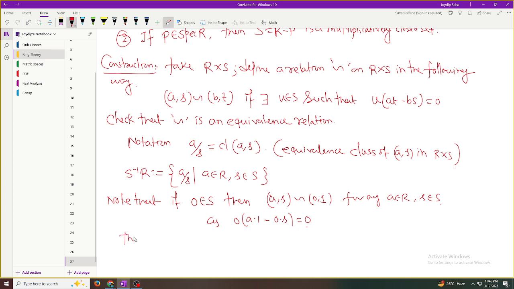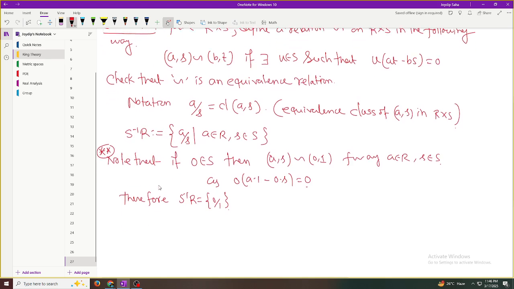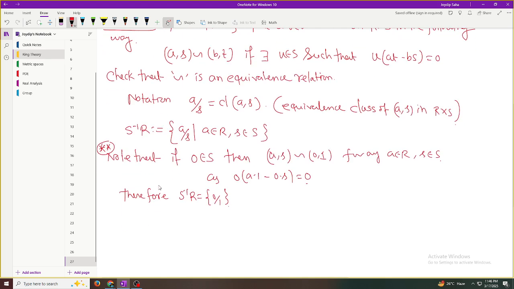Therefore S inverse R equals only 0 by 1, because all elements are related with 0 1, so it is trivial. I have not given a ring structure yet, so it is a trivial set.